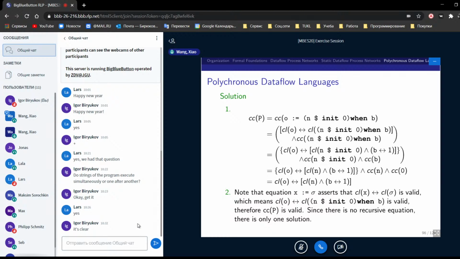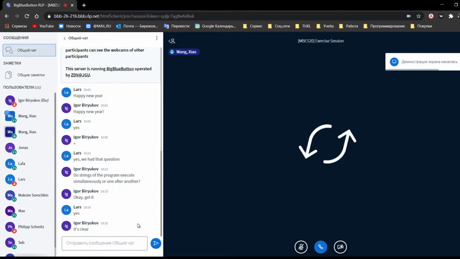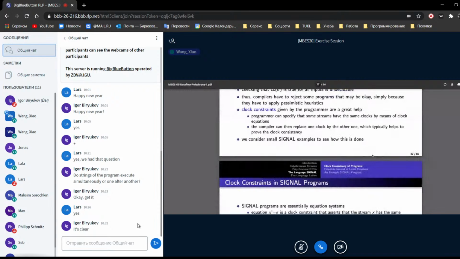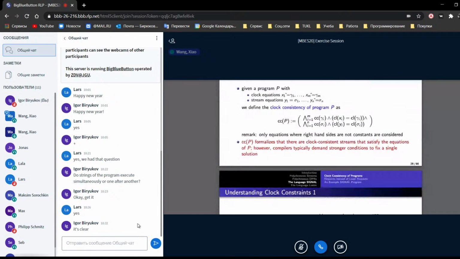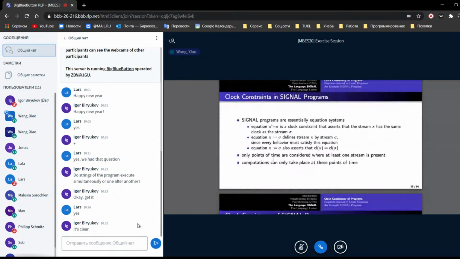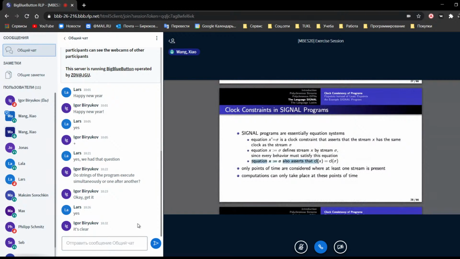And I can also maybe point you to the slide. Here's one that he might have neglected. The equation asserts that the clock of the left side is equal to the right-hand side.